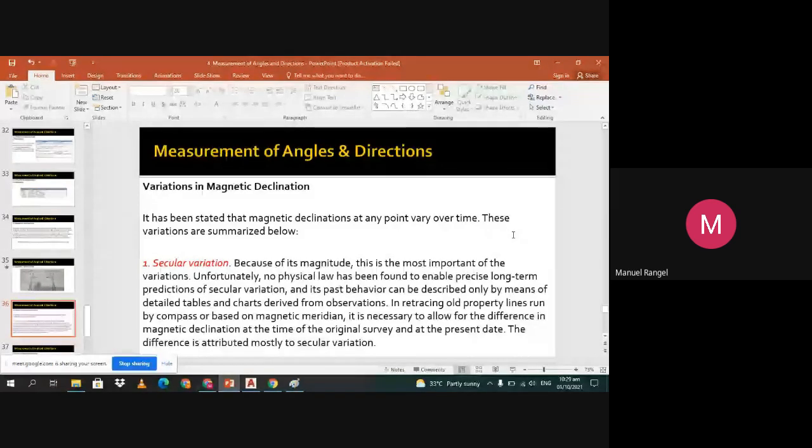So in tracing all property lines run by compass or based on magnetic meridian, it is necessary to allow for the difference in magnetic declination at the time of the original survey and at the present date. So the difference is attributed mostly to secular variation.